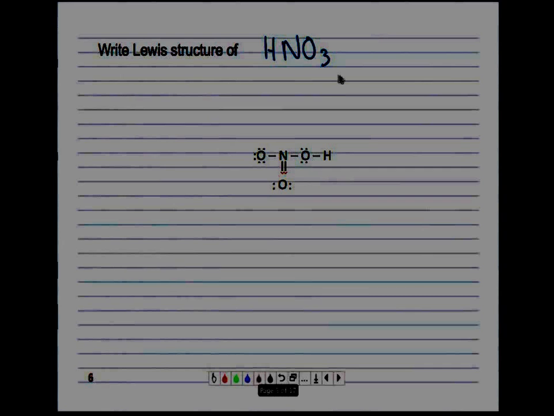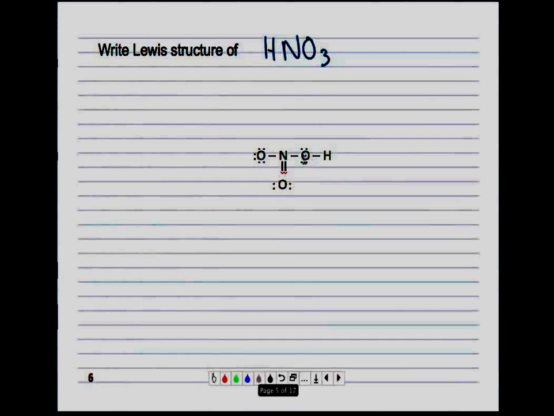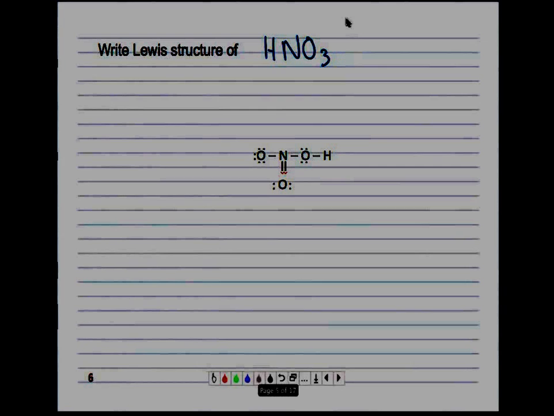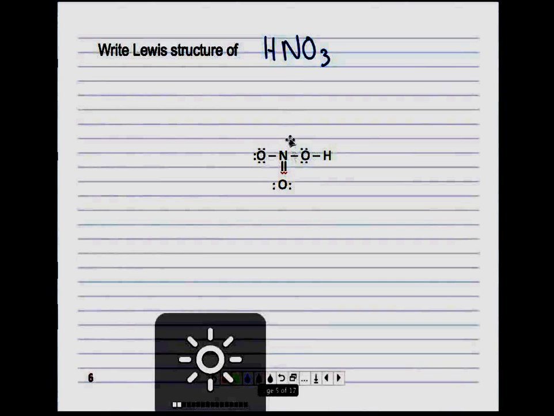Now, the special thing about those acids, when we're writing the Lewis structure, for the Lewis structure to be right, you have to connect the hydrogen to the oxygen, not to the central atom, not to the nitrogen, not to any other thing. It should be connected to the oxygen. Otherwise, the Lewis structure you write is going to look right, but it's not. So this is why we're going to deal with the acids alone. Nitrogen is going to be the central atom because it's the one with the lowest electronegativity.